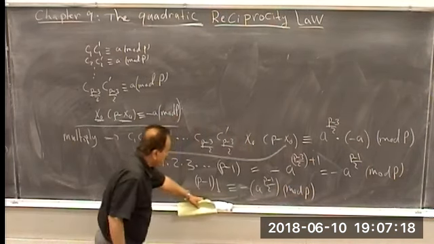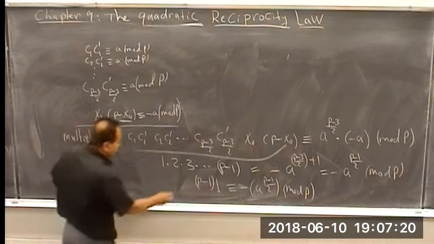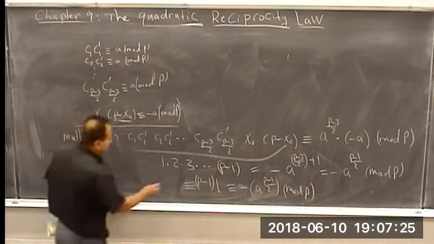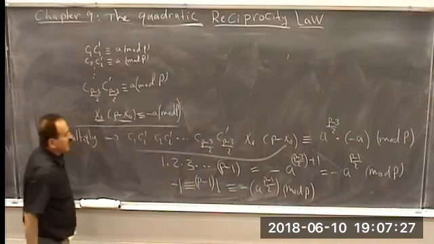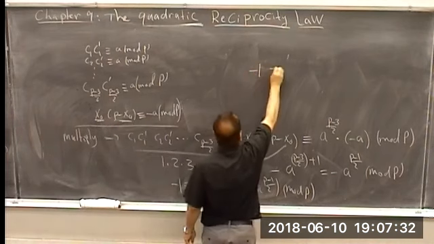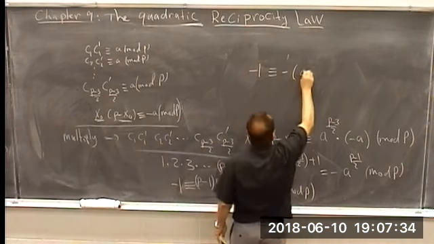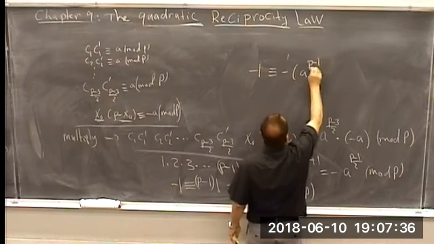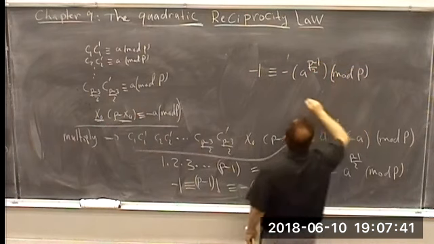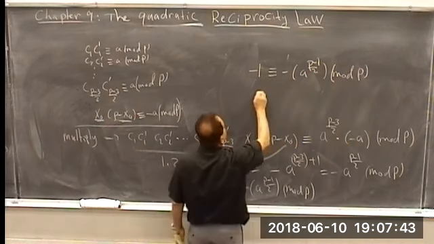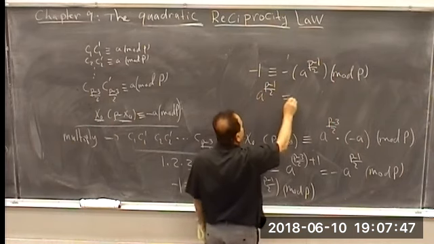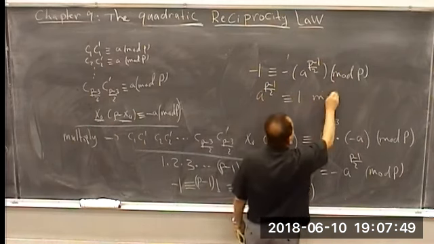Now, Wilson's theorem tells us that p minus 1 factorial is congruent to negative 1. Now, if I put the beginning of this congruent to negative a to the power p minus 1 over 2 mod p, then I can multiply by negative 1, and then I get the statement of Euler's criterion.